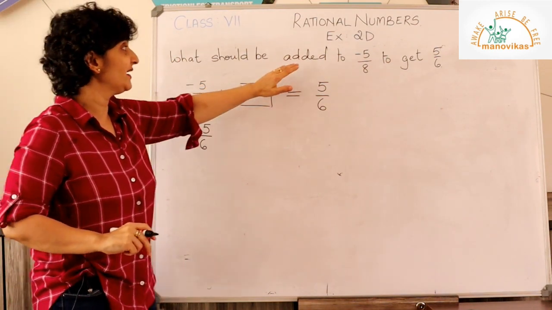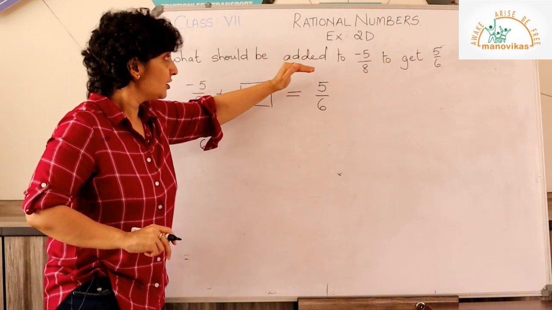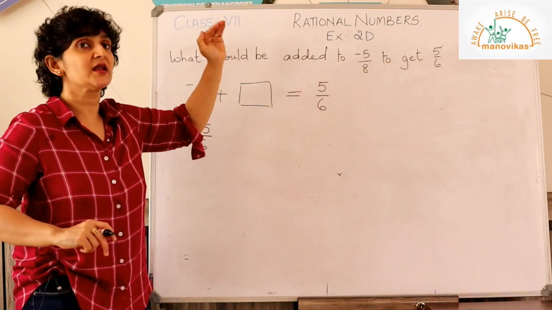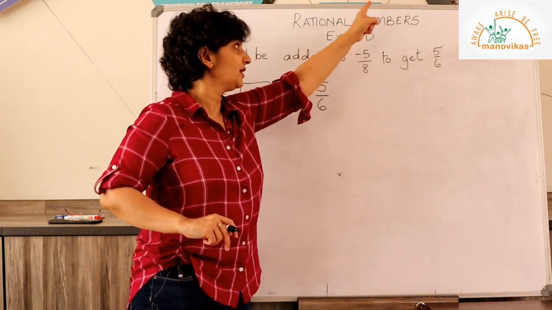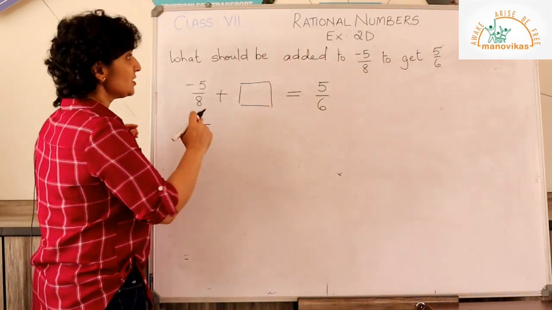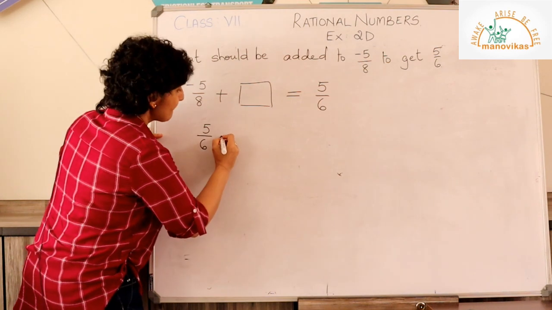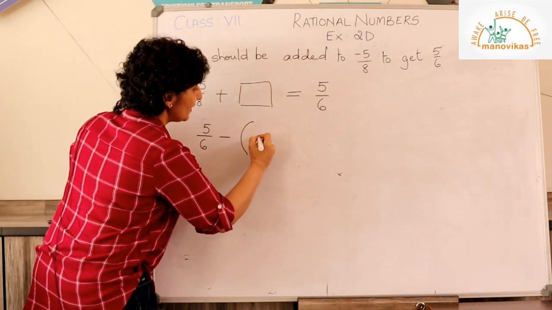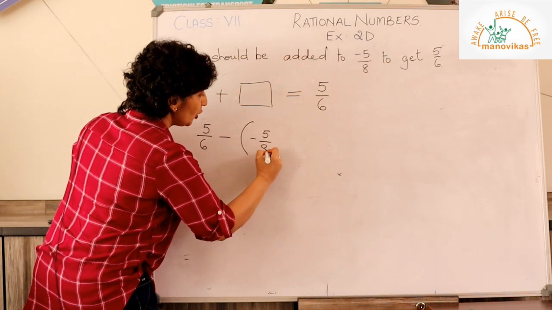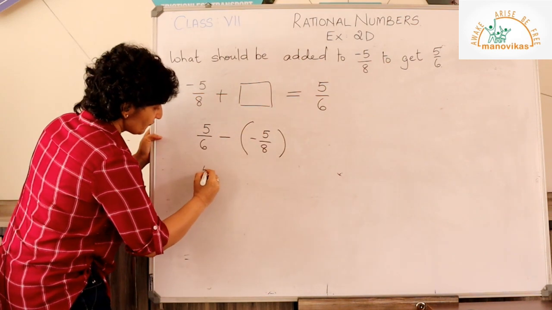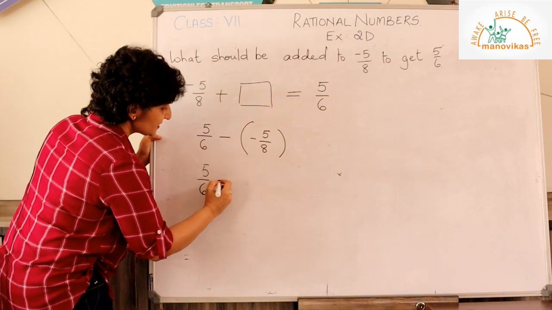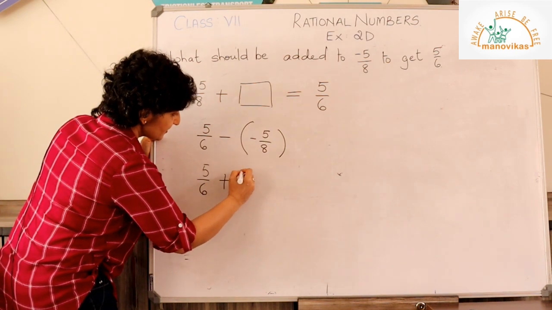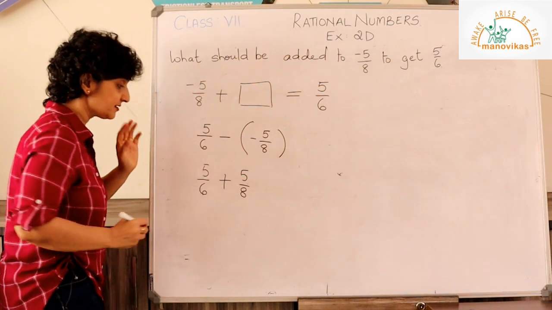I've already given you a hint. Whenever you see what should be added, you can straight away take the second number minus the first. So 5 upon 6 minus of minus 5 upon 8. So 5 upon 6, minus and minus gives me plus 5 upon 8.